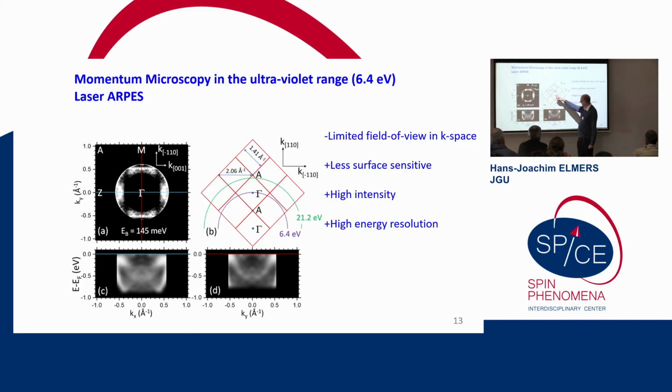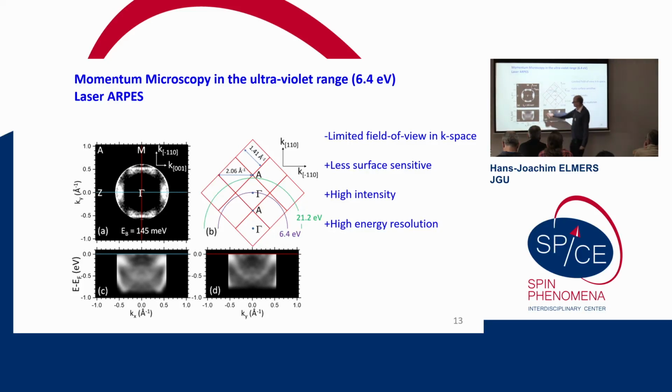That is depicted here. So here's the gamma point, zero momentum. Now you excite electrons with 6.4 eV. This corresponds to a momentum vector here for excitation. With 6.4 eV for this ruthenium dioxide, you just happen to hit the gamma point in the next adjacent Brillouin zone. But you have only a certain angular acceptance angle, and that means you can only detect electronic states near the gamma point.